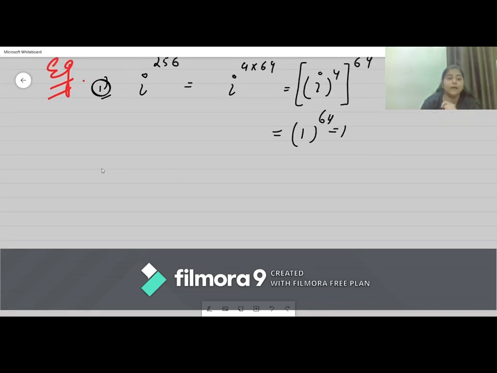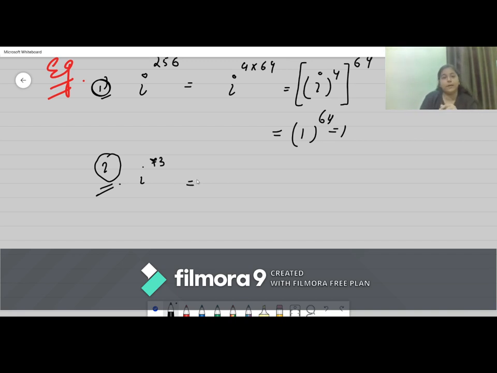Subsequently, हम देखते हैं कि अगर I say you find out the value of iota to the power 73. So, is 73 divisible by 4?